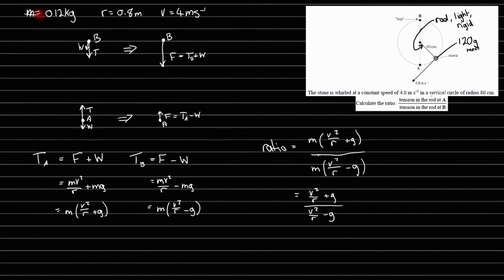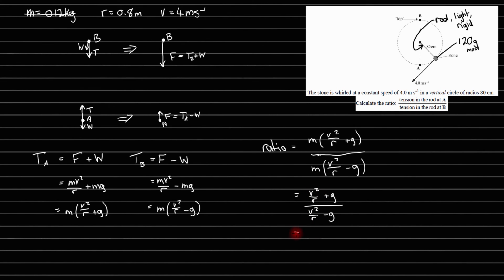And as you see, this value has been completely unused. It's not in our final equation here. So in an exam question, you might not have been given a mass, but you would have been able to do the exact same thing. But just remember, don't immediately try and work out the values. Work it through to the end.